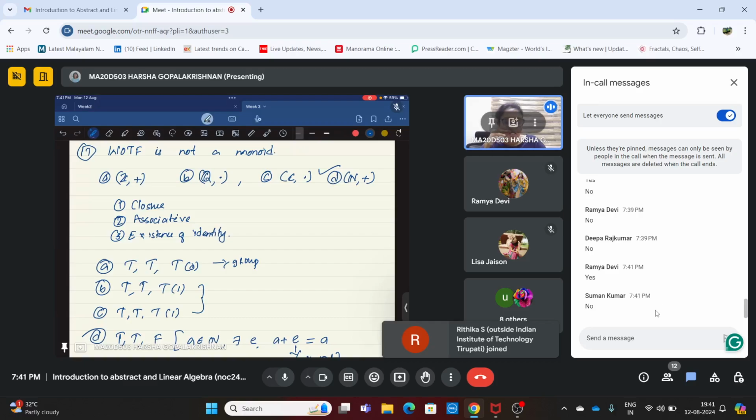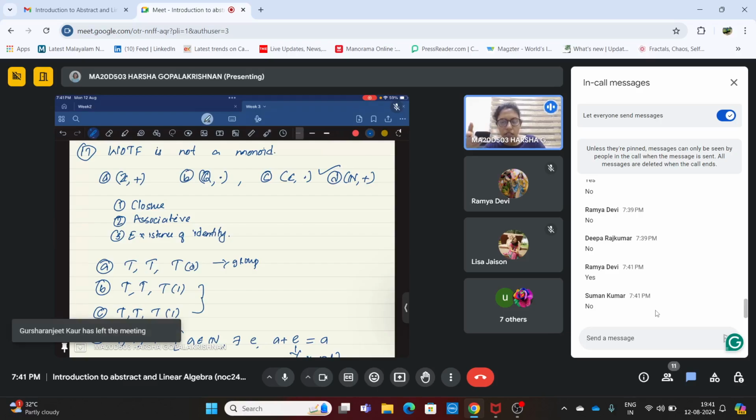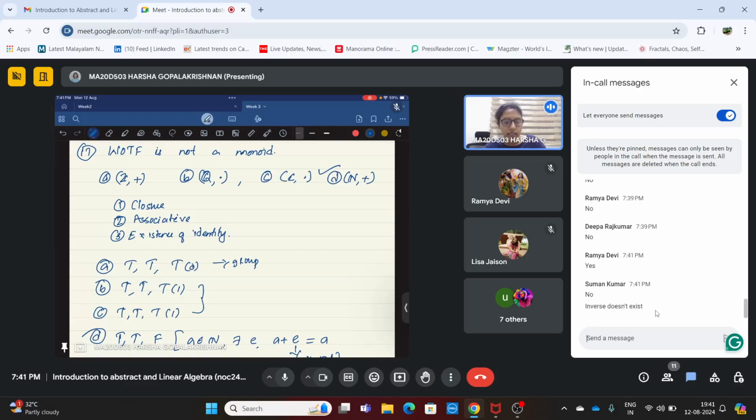Anyone? Why is it not a group? We have seen closure is there, associativity is there, identity is there. But the problem is with the inverse, right? For any positive element A, the inverse exists. For which element does the inverse not exist?